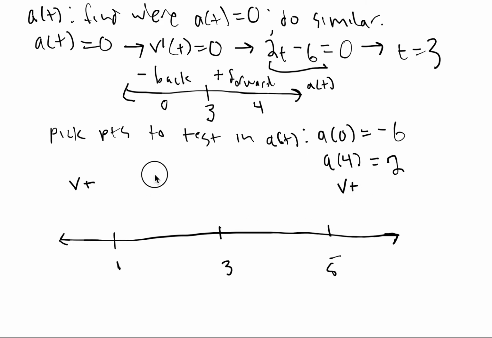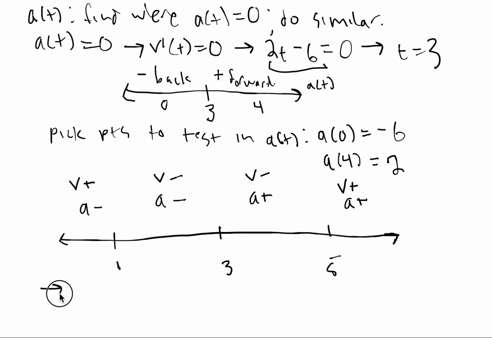Every other interval, though, we're expecting my velocity to be negative. So now I can go ahead and compare this to my acceleration function, where my acceleration before 3 was negative, and my acceleration after 3 was going to be positive. Now we have a pretty clear idea of which intervals my signs agree and which intervals my signs disagree.